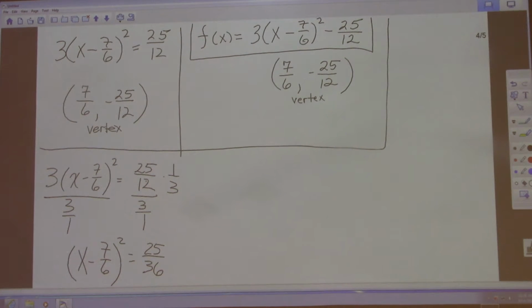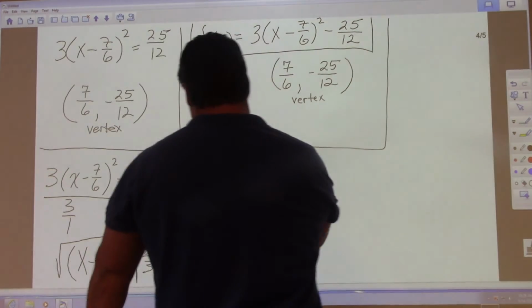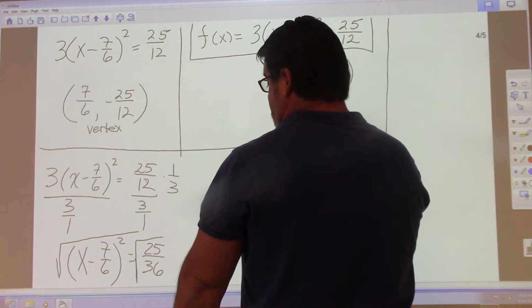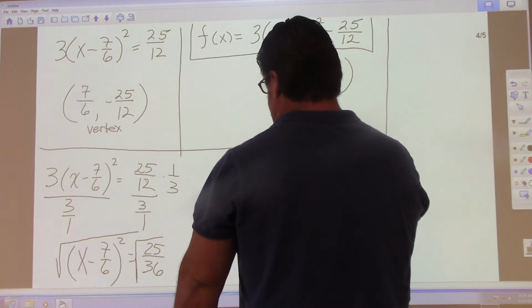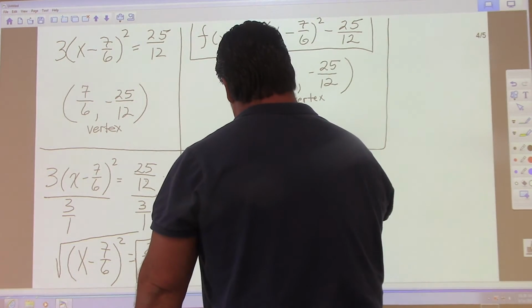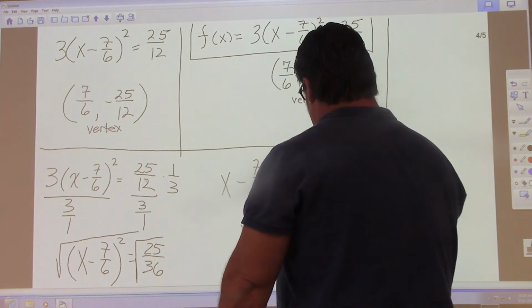Can't believe I've done 2 problems in a row and I've gotten perfect squares on both of them. So x minus 7/6 is equal to positive or negative 5 over 6. And x is equal to positive or negative 5 plus 7 over 6.